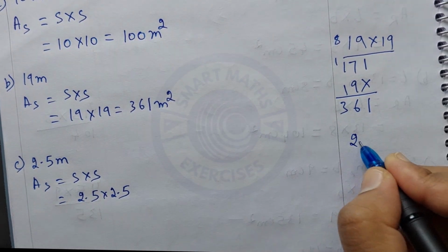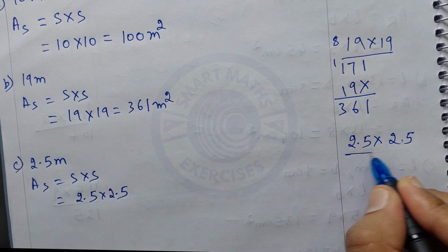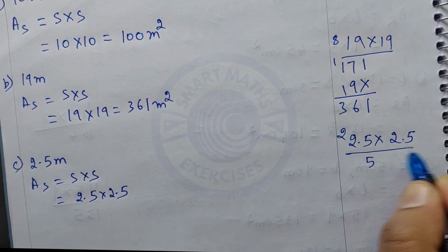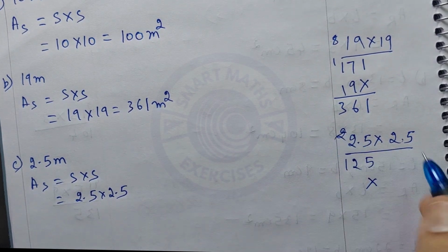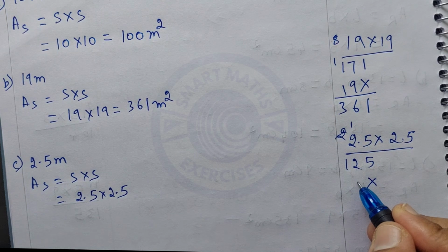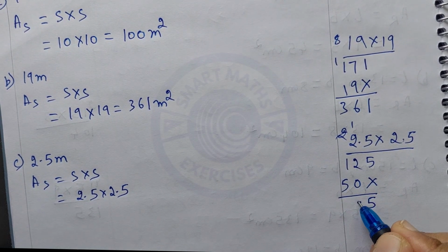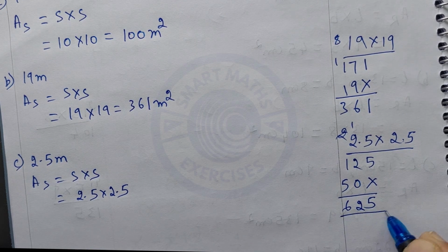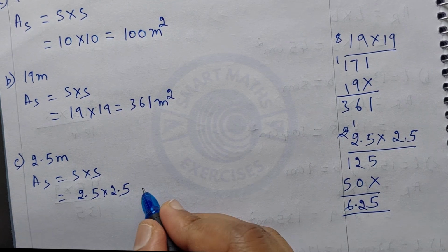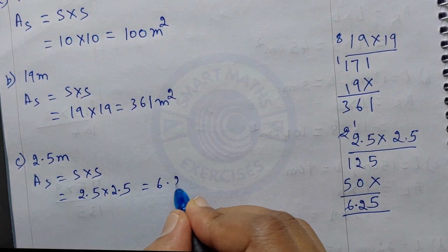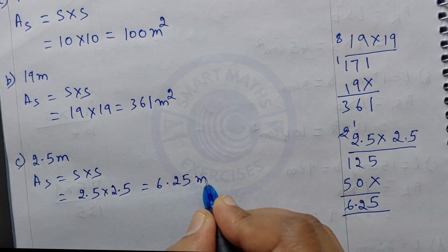Multiply 2.5 into 2.5. 5 5s are 25. 5 2s are 10 plus 2 is 12. 2 5s are 10. 2 2s are 4 plus 1 is 5. 2 plus 0 is 2. 5 plus 1 is 6. Decimal point after 2 digits. So it is 6.25 meter. So it is meter into meter, meter square.